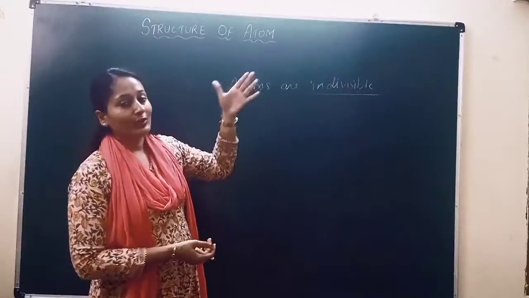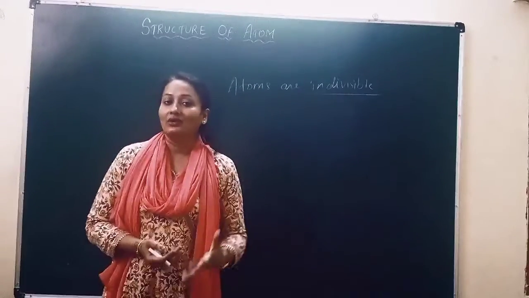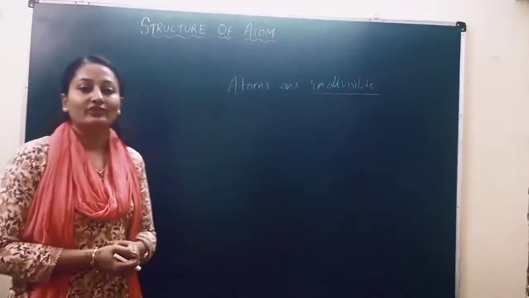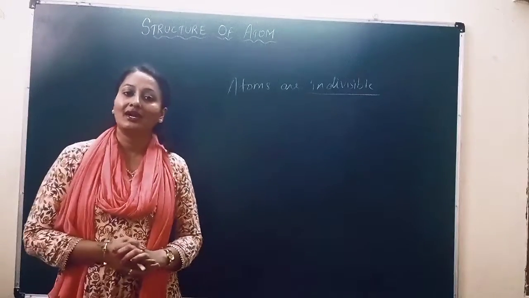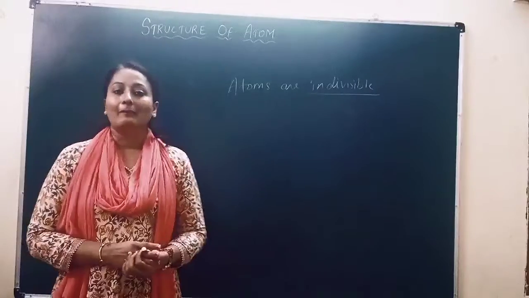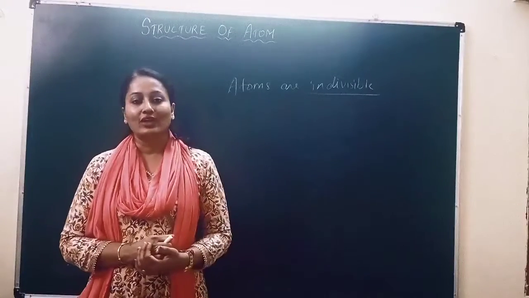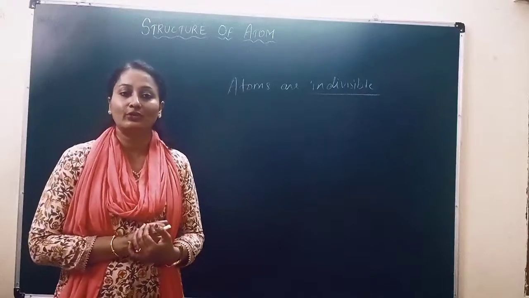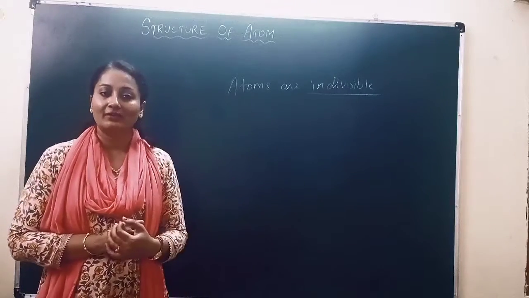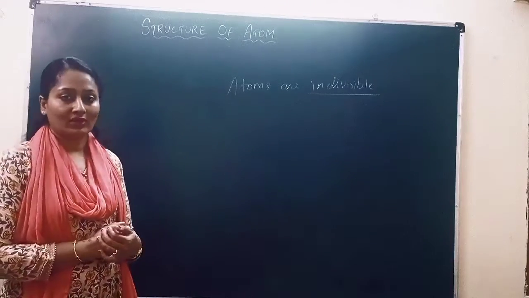So, to explain more clearly the structure of atom, many scientists have put forward their theories regarding the structure of atom. But in today's class, we are going to discuss a very important and accepted theory of the structure of atom, that is Bohr's atomic model.